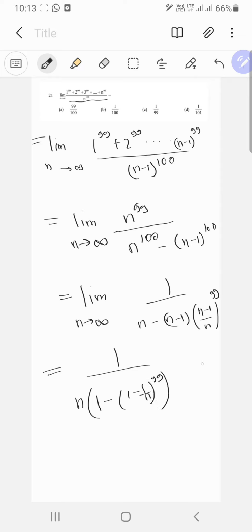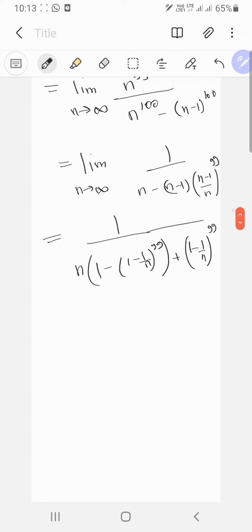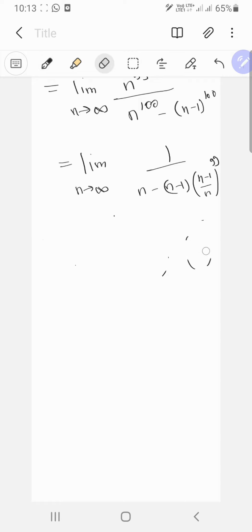Yes, and you also have plus, so plus 1 minus, okay, that looks better. Then we can use the general binomial theorem on this thing. Say this is 1 minus 1 upon n, so 1 minus 1 upon n to the power of 99 is going to be 1 minus 99 upon n plus some other stuff which has 1 upon n squared.